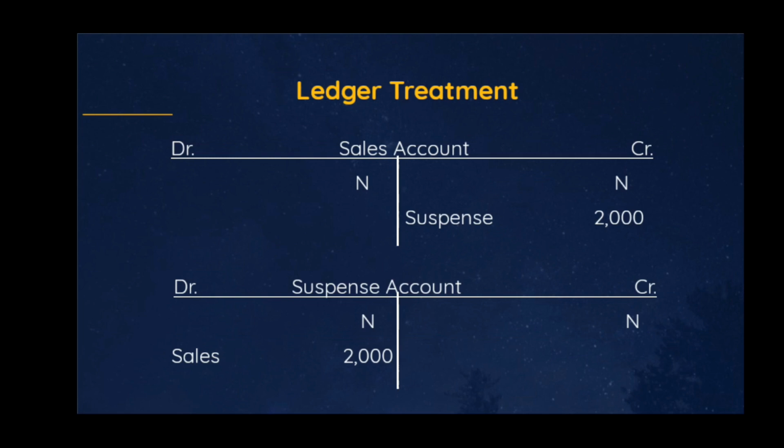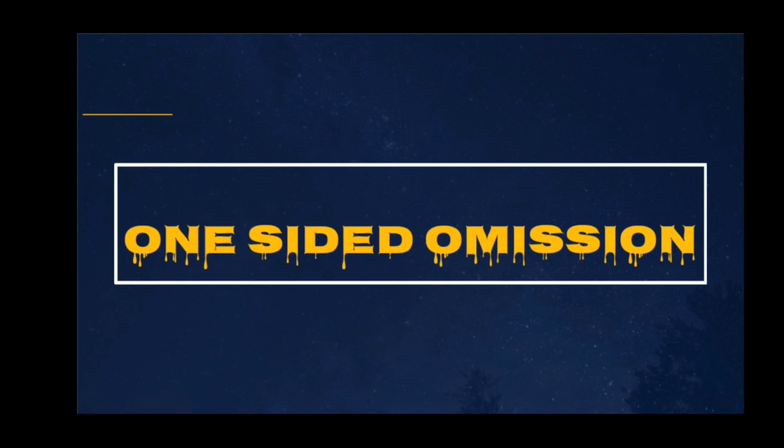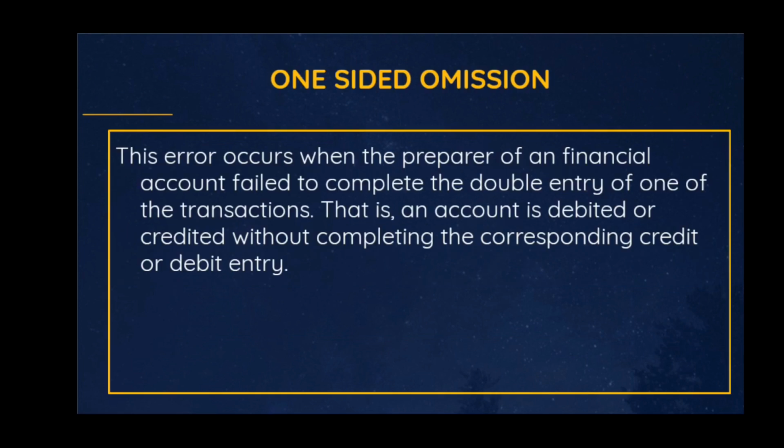So let's go to the second one, which is one-sided omission. This error occurs when the preparer of a financial account fails to complete the double entry of one of the transactions.